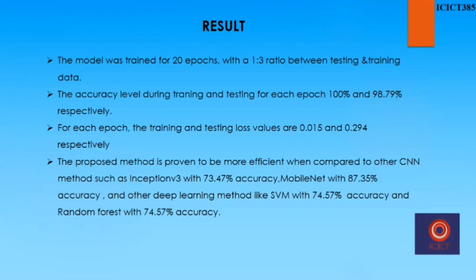The proposed method is proven to be more efficient when compared to other CNN methods such as Inception V3 with an accuracy of 73.47, MobileNet with 87.35% accuracy, and other methods like SVM with an accuracy of 74.57 and random forest with 74.57 accuracy.